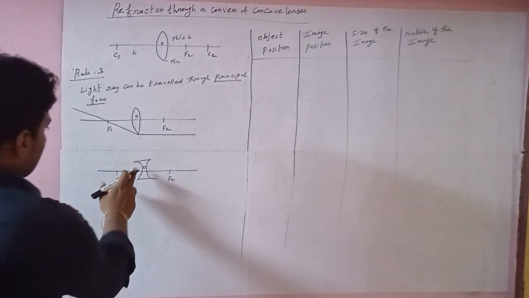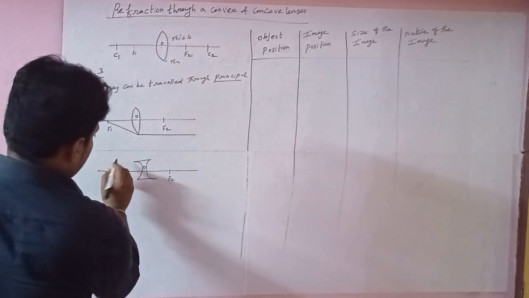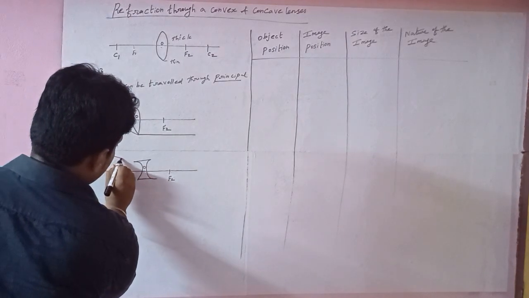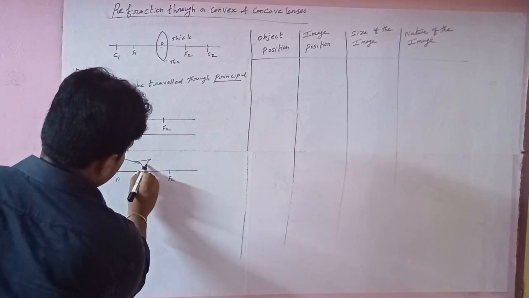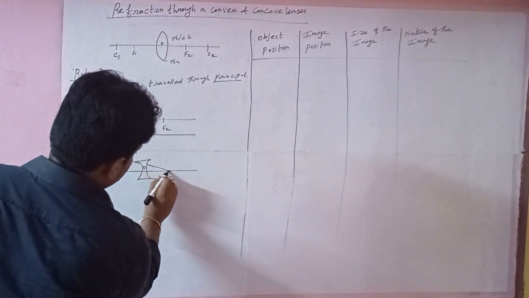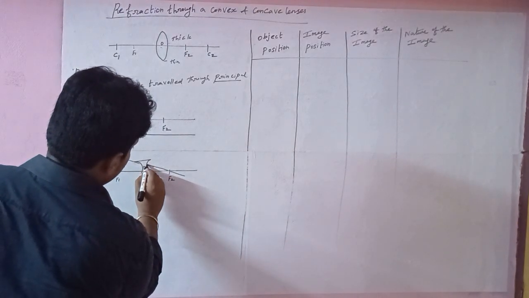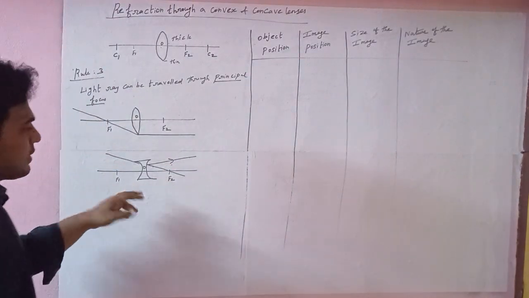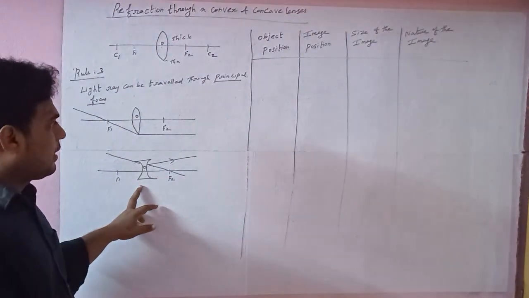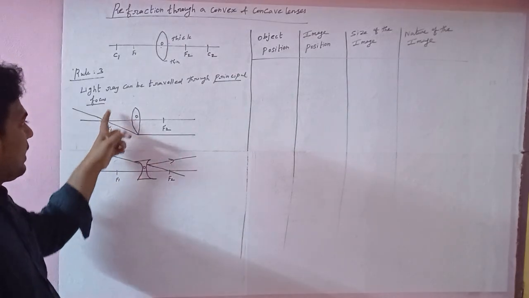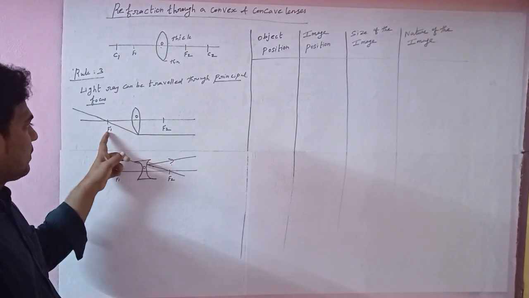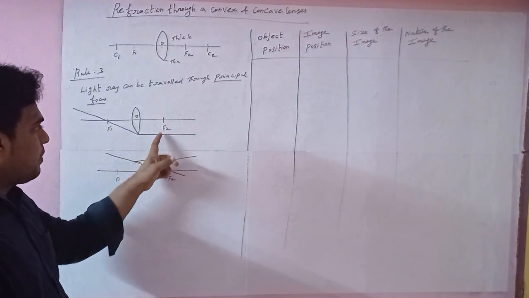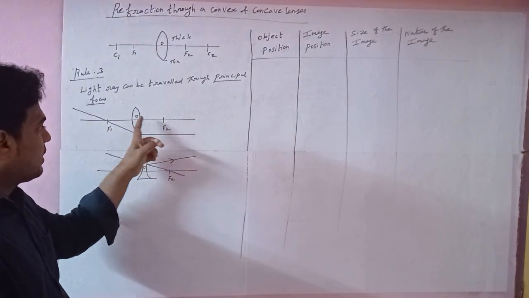Listen here. The light ray can travel toward the principal focus, but the light ray will be diverging, because the concave lens is a diverging lens. Let me repeat. The light ray travels through the principal focus, the light ray will fall on the lens, so the light ray travels parallel to the principal axis. This is rule 3.